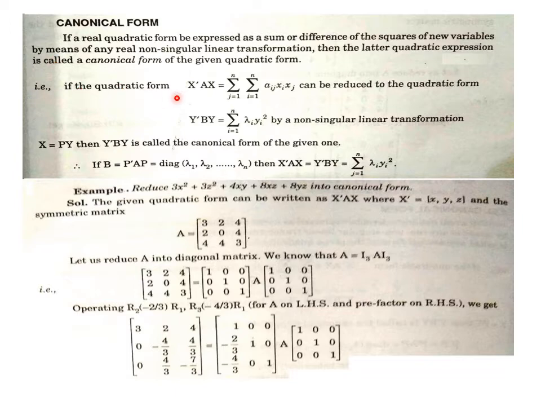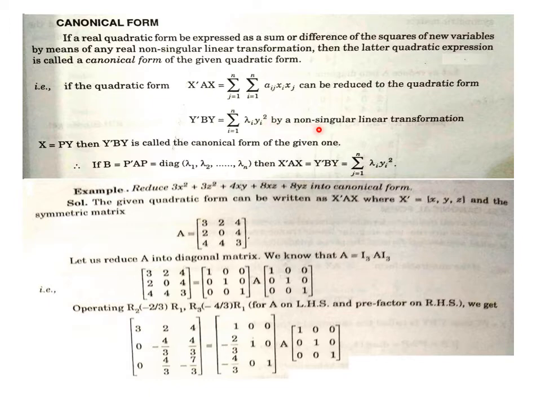Practically we can say, if a quadratic form x dash Ax, by means of certain matrices, is sigma j equals 1 to n, sigma i equals 1 to n, aij xi xj, it can be reduced. That is a quadratic form, but we want to reduce it to some other quadratic form y dash By, that is sigma i equals 1 to n lambda i yi square, and that other quadratic form can easily be observed as a sum or difference, as per the value of lambda i being positive or negative, of squares yi square.